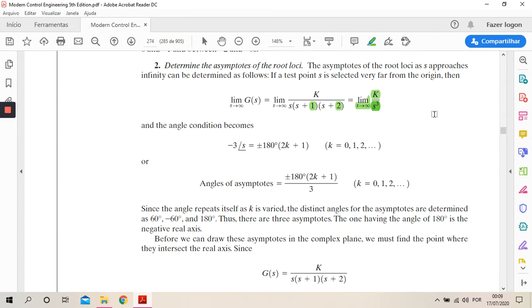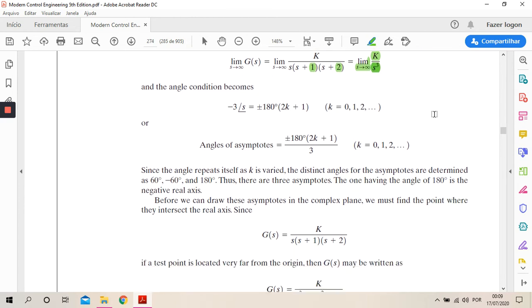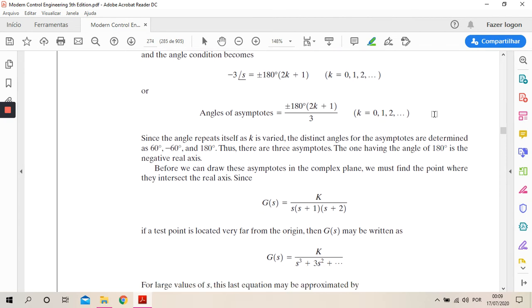And the angle condition becomes negative 3 times the angle of s, which is equal to plus and minus 180 degrees times 2k plus 1, and k equal to 0, 1, and 2. This is, one more time, the angle condition that needs to be satisfied.